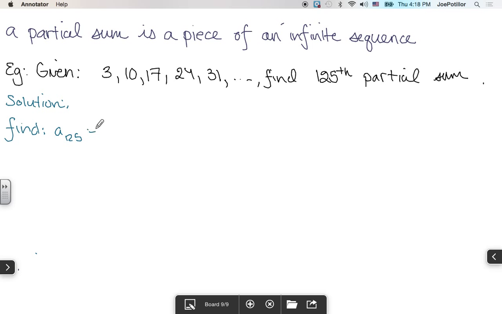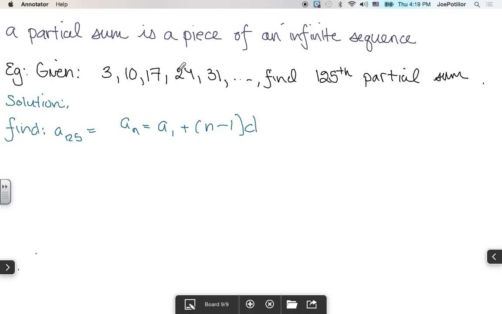To get a125, we use the formula a sub n equals a sub 1 plus (n minus 1) times d. The common difference here is 7. If you're just looking at it, 10 minus 3 is 7, 17 minus 10 is 7, 24 minus 17 is 7, and 24 plus 7 is 31. So the common difference is 7. We can use that to find the 125th term, which you technically don't even need.